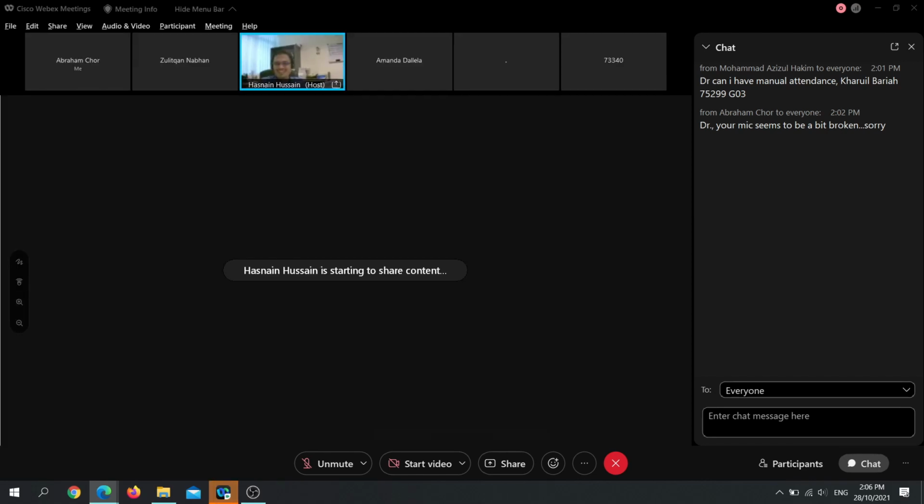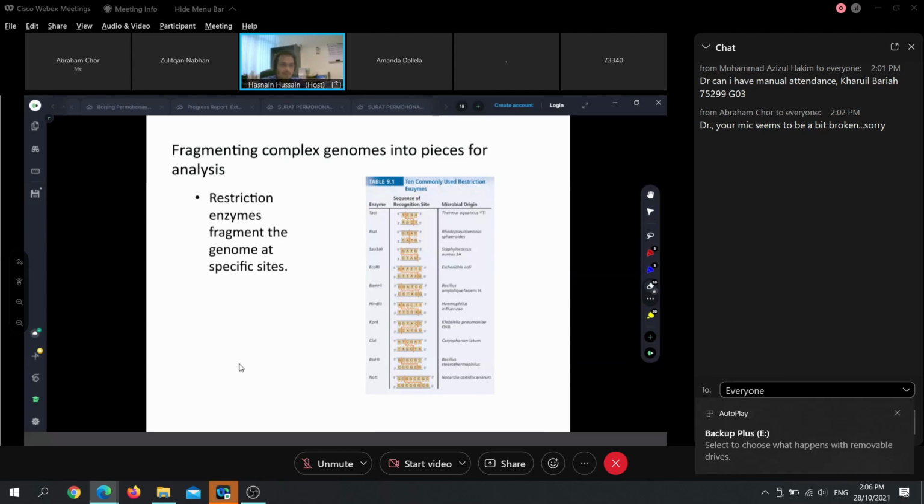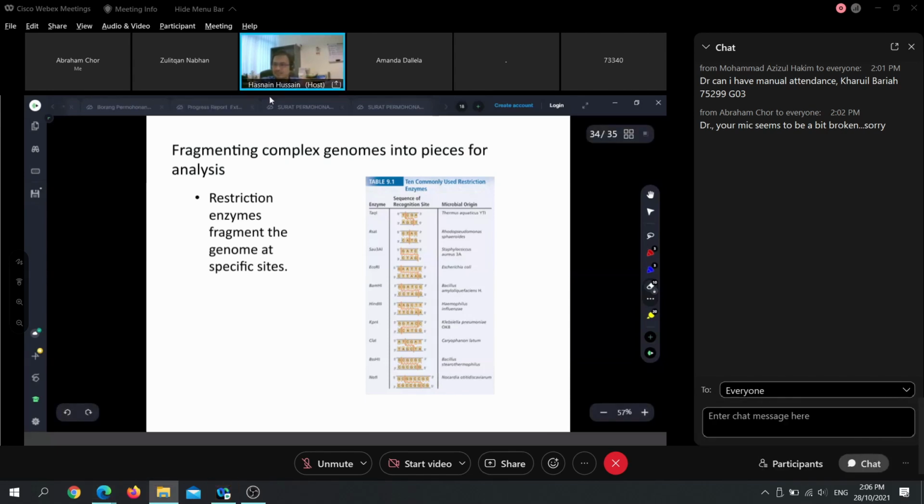So someone asked a question related to detecting polymorphism. Polymorphism, as I mentioned, the general idea is that on the same position of a gene, for example any gene on the chromosome, there is a difference.